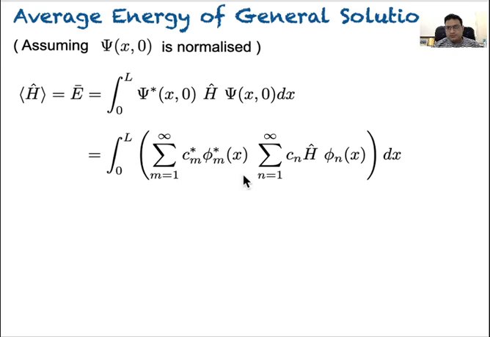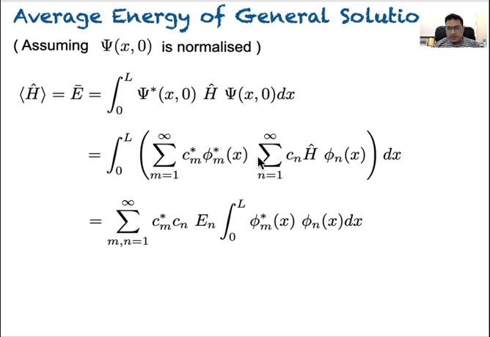So now we can take both the summations outside of this integral. Now the summations over m and n both go from 1 to infinity, Cm star Cn, and when H operates on phi n, it will give us En, which is again independent of x, so we can take it outside the integral. What is left is phi m star of x and phi n of x, and then we have to perform the integral.